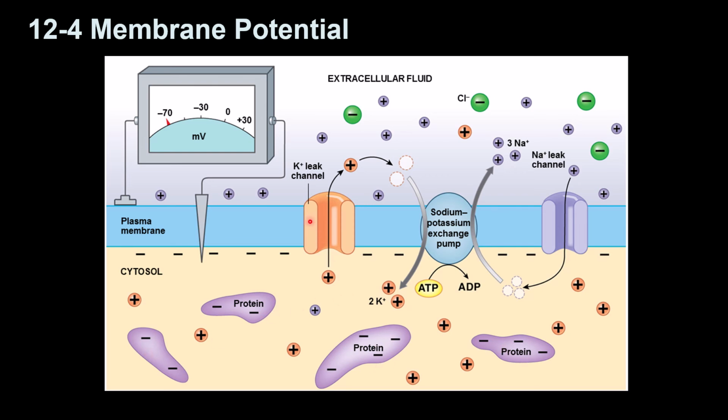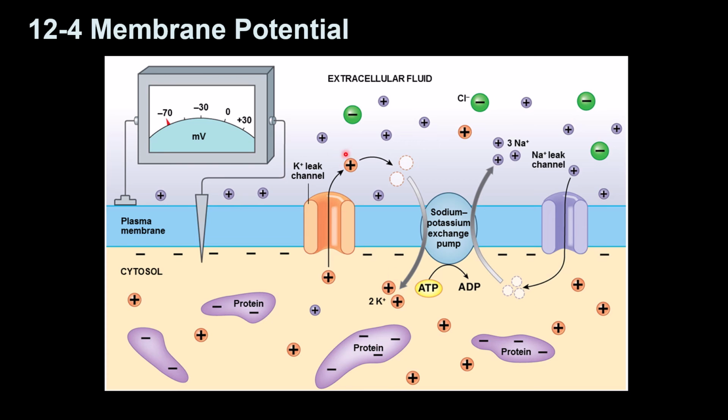You have these channels, called leak channels, that allow movement of these ions. Normally the potassium is leaving the cell, and here is the leaky channel for sodium, allowing sodium to enter the cell. Why? Because inside the cell there is not a lot of sodium, and outside of the cell there is not a lot of potassium.